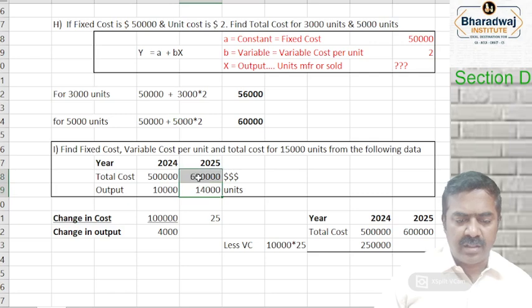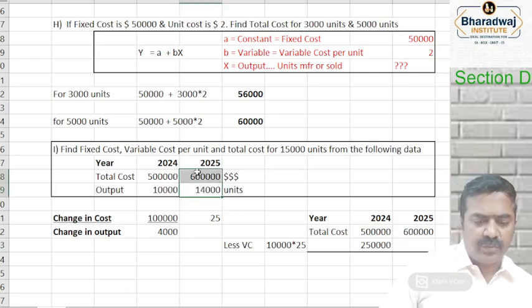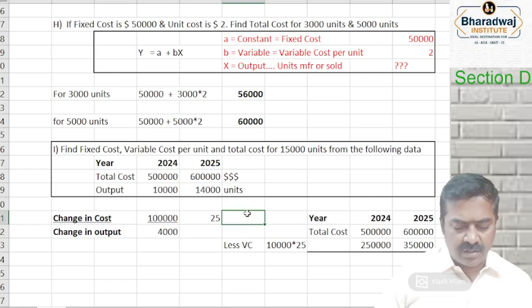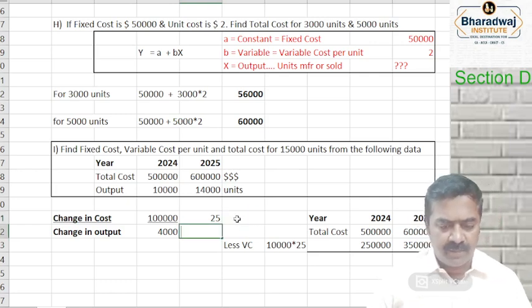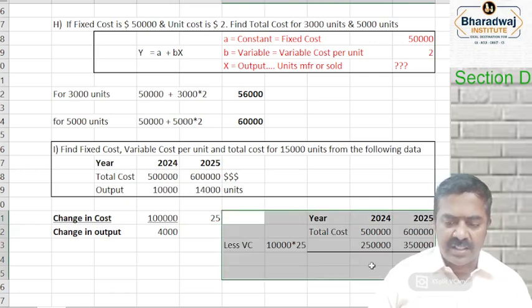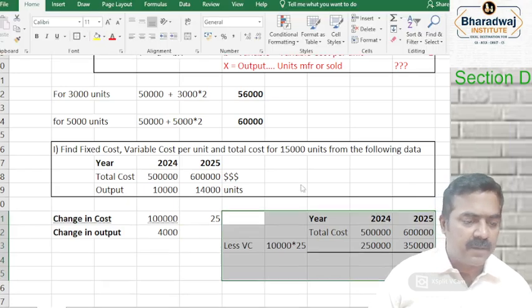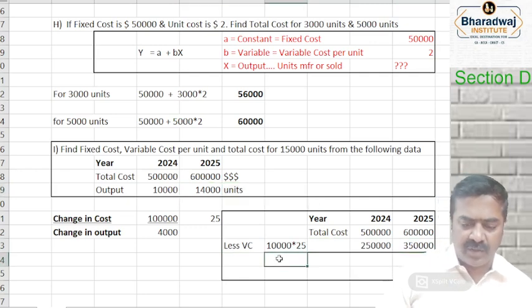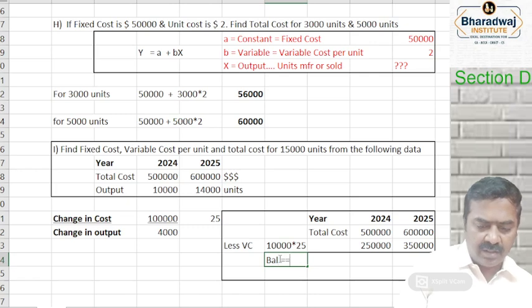Second year, 14,000 into 25, 3,50,000. Whatever changes because of change in output is the variable cost. Balance will be the fixed cost.